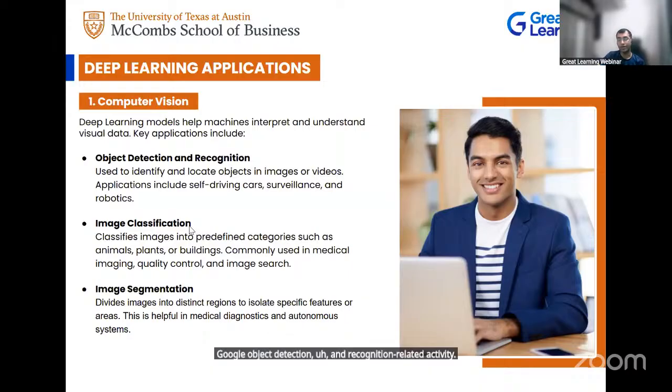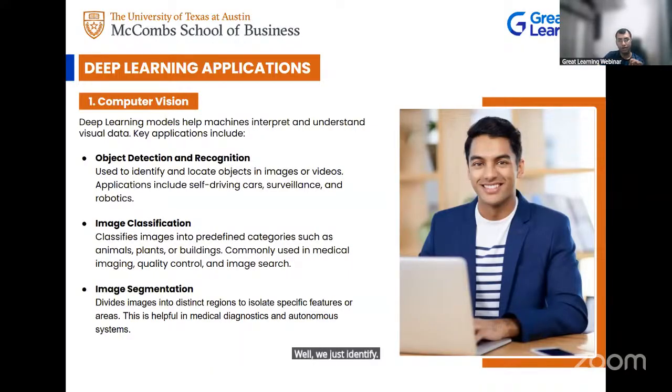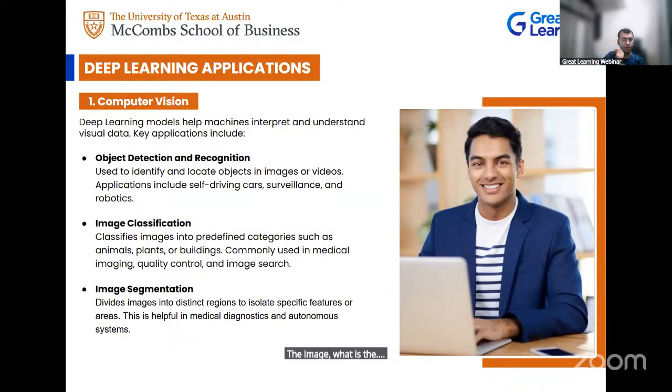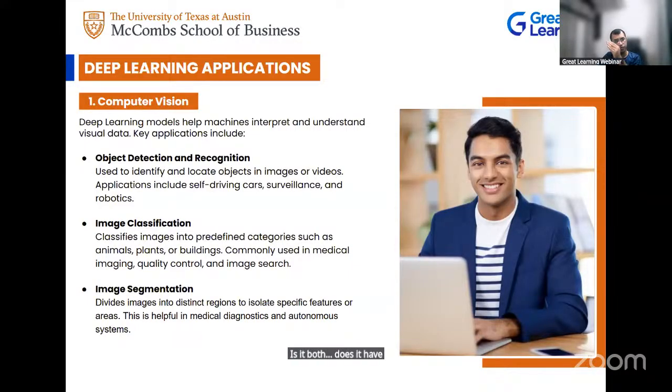Second is image classification, where we just identify what is the class of the image. Like every image will be classified, for example, like the example that we talked about, what is the object? Is it a car related image? Is it a truck related image? Is it both? Does it have both of the objects? So we can have the classification, and this model can easily classify and give us some response.